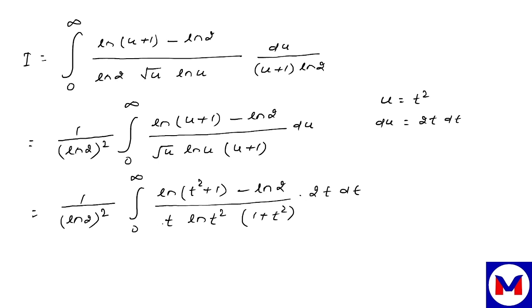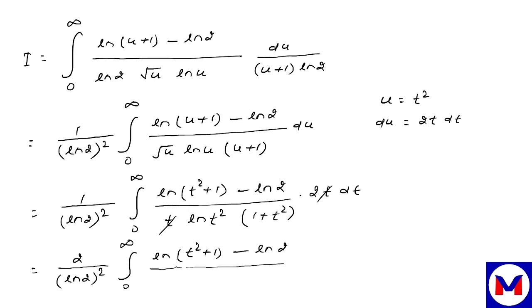The t in the numerator and denominator becomes cancelled, and 2 can be taken outside from the integral sign, and this can be written as 2 upon (ln 2) whole square, the integral from 0 to infinity of (ln (t square plus 1) minus ln 2) upon ln t square into (1 plus t square) dt.